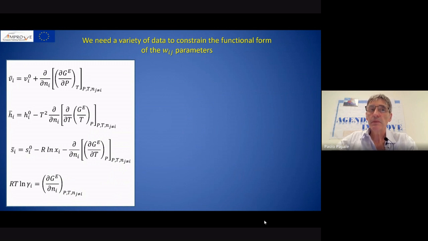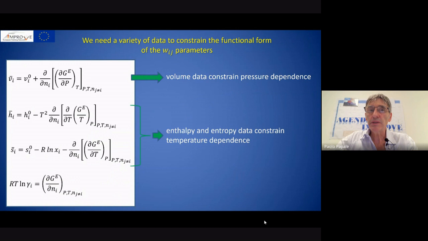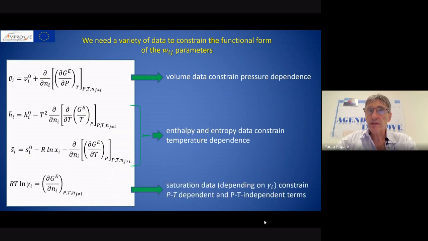In fact, partial molar volumes constrain the pressure dependence of the excess Gibbs energy. Partial molar entropies constrain the temperature dependence of the excess Gibbs energy, and volatile saturation data, which depend on the activity coefficients, constrain in principle all the terms, including the pressure and temperature independent terms of the excess Gibbs energy.